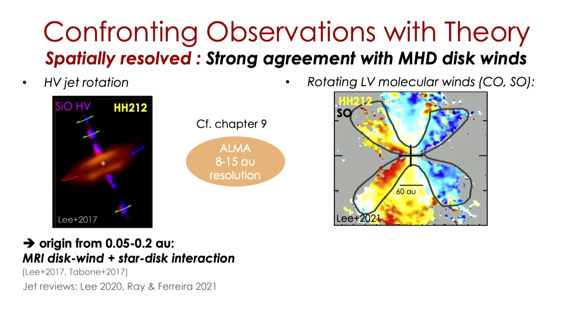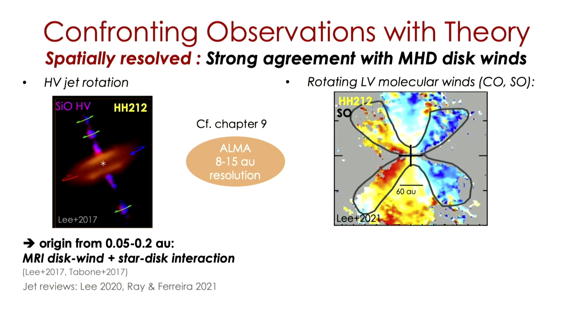Now, confronting observations with theory. In terms of the spatially resolved observations, there is a strong agreement with MHD disk winds so far, at least. You have seen already in chapter 9 these beautiful ALMA observations that have detected jet rotation in one jet here, HH212 in SiO, in the same sense as the disk, in different knots, same direction.